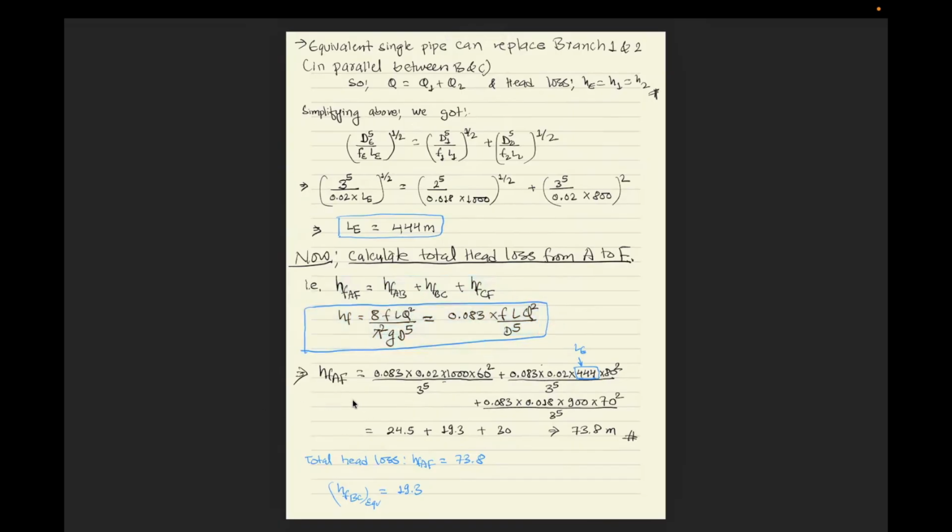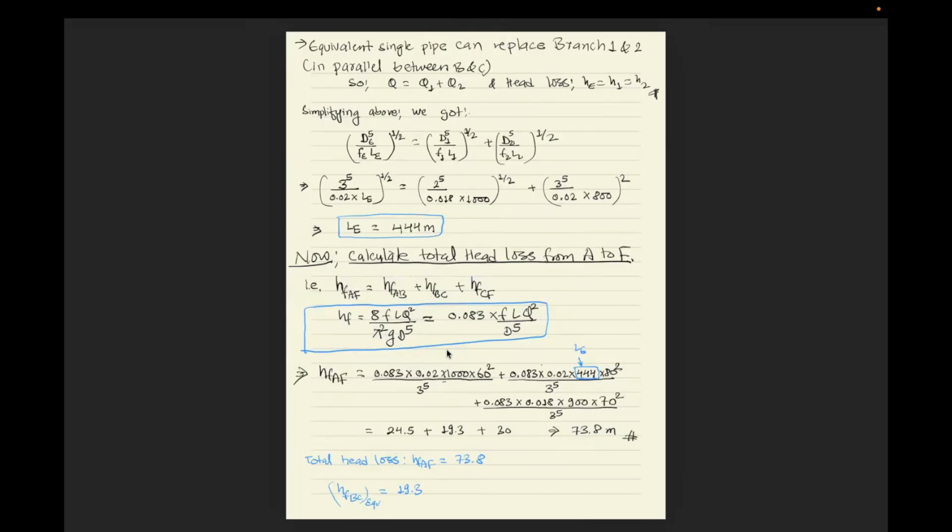By simplifying this, we will have the answer of 73.8 meter. And we put this length of equivalent pipe here for HFBC.